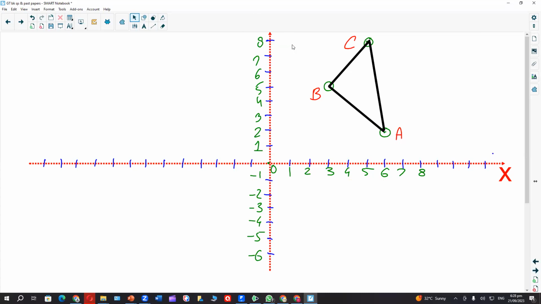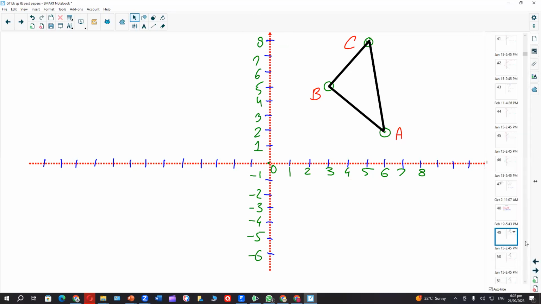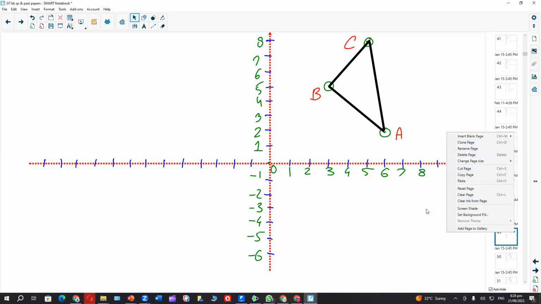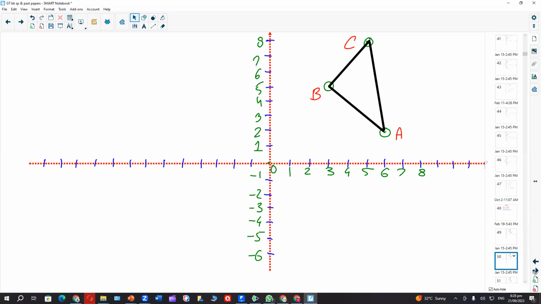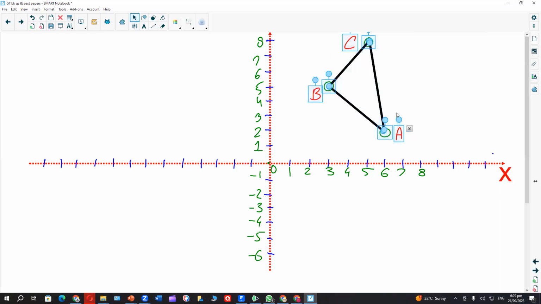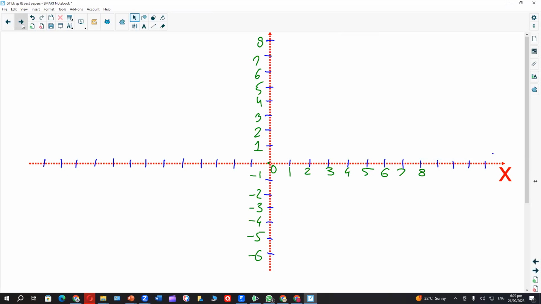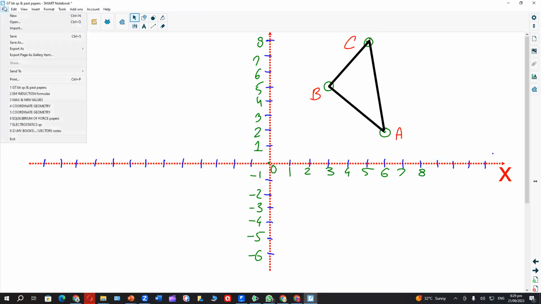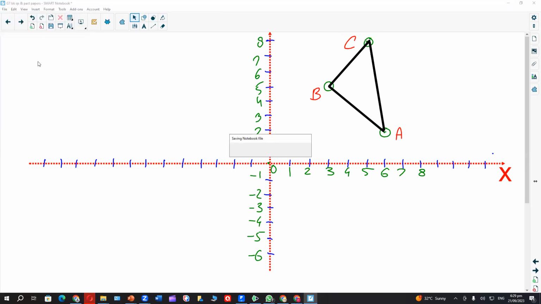Draw the triangle on it. We will be using a box counting method.